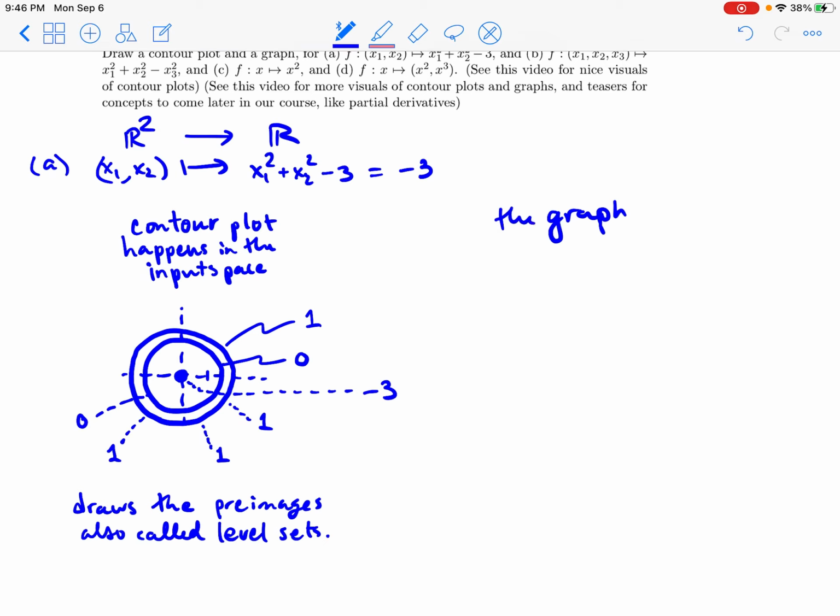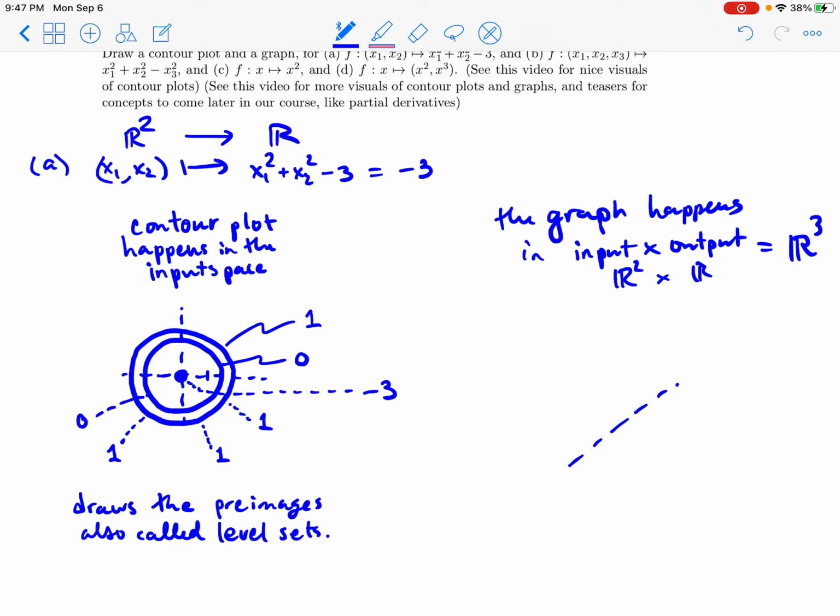Now what about the graph? The graph happens in input cross output, so it's in a bigger space, in this case R2 cross R, which is 3-dimensional space.